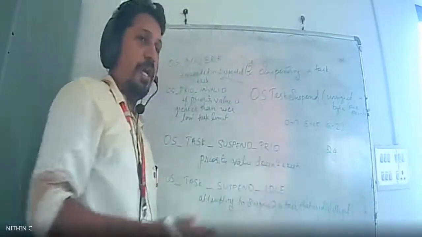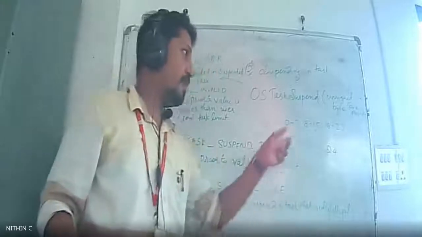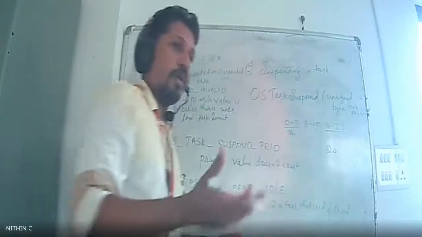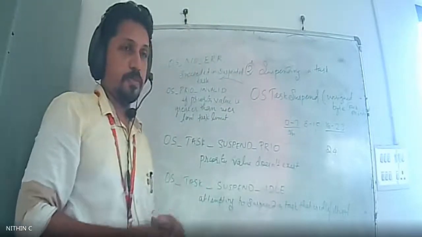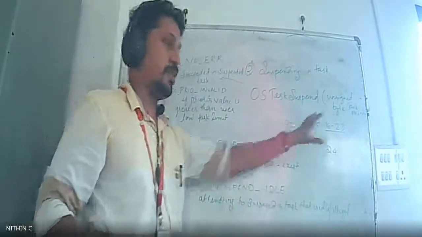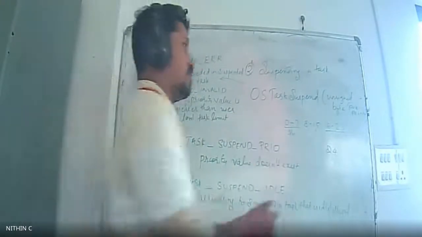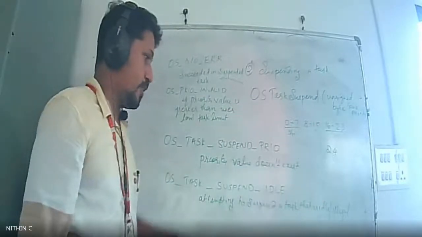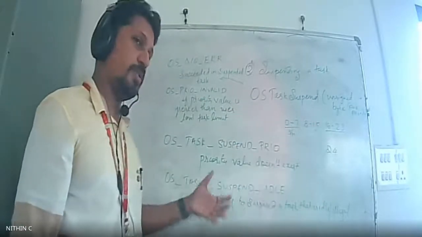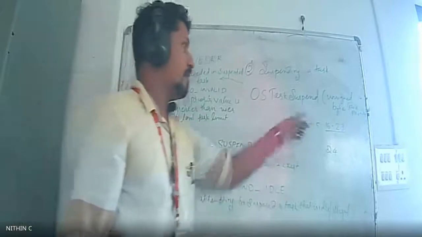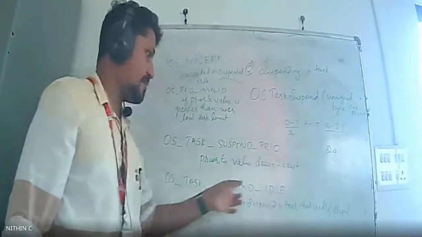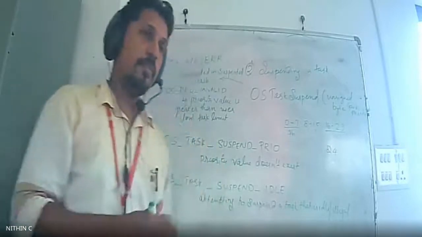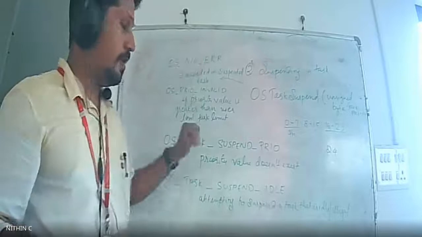We will not be able to suspend a task that is present in this priority level. System level tasks we cannot suspend. We are not having any access to these system level tasks. So the only access for us will be in the user level tasks, that is from 8 to 15 in this particular example. If you are trying to suspend a task that is out of this, then you will get a message like this, OS task suspend idle. You are trying to suspend an illegal task. So these will be the return values.